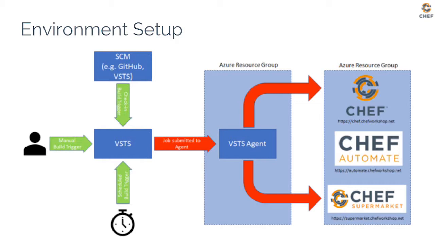I've shown three here. You have your SCM trigger, so when somebody checks into GitHub or VSTS, a manual build trigger when somebody kicks it off manually, or a timed trigger so that you want a nightly build, say at one o'clock in the morning. That job is then submitted to an agent.